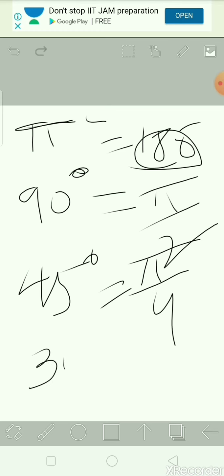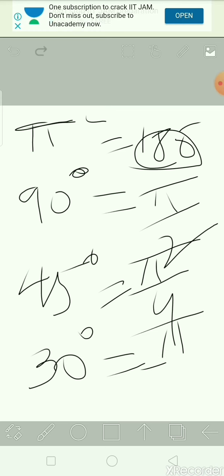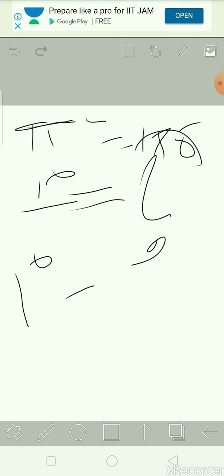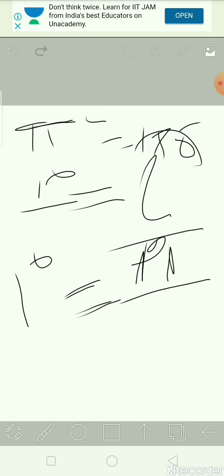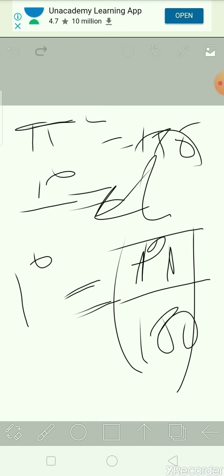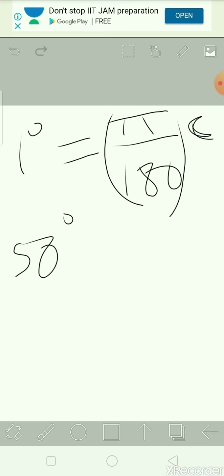So 1 radian is 180 by pi degrees, or 1 degree is pi by 180 radians. The radian symbol is c. So 50 degrees would be 50 times pi by 180 radians.